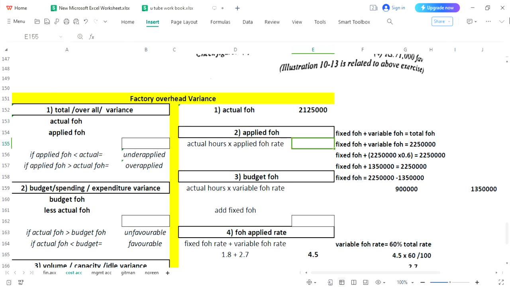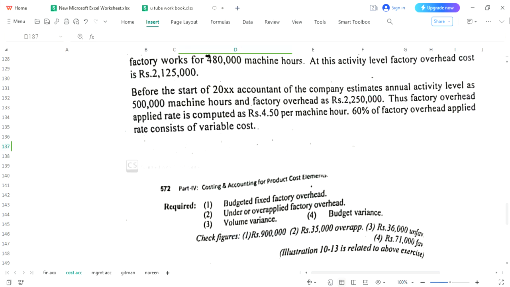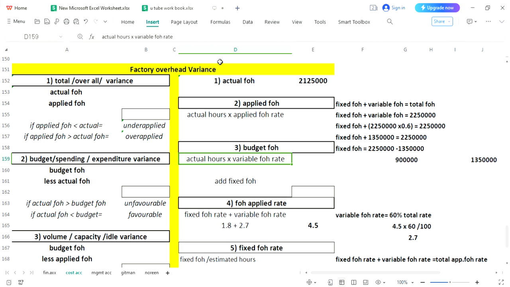It's time to calculate applied FH. Actual hours: look here, 4,80,000 actual hours. Write down over here 4,80,000 actual hours. It needs to be multiplied with the applied FH rate. And number 4, the applied FH rate we have calculated is 4.5. Put over here.